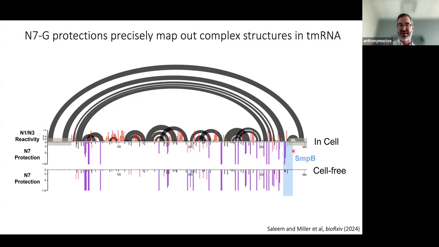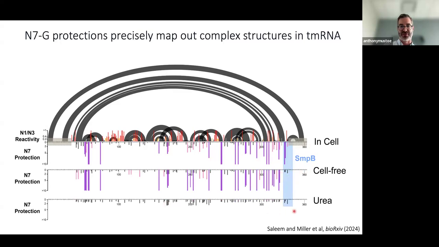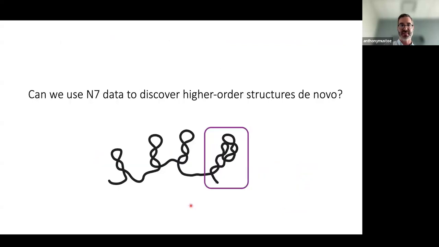Okay, I'm not really going to be talking about proteins for the rest of the talk, but I'll just note that if we remove the proteins, this protein binding site here goes away. And so one of the applications of this experiment that we're quite excited about is to use it to measure protein binding sites in cells, but also as a further control, if we totally unfold the RNA, all of those protections go away.